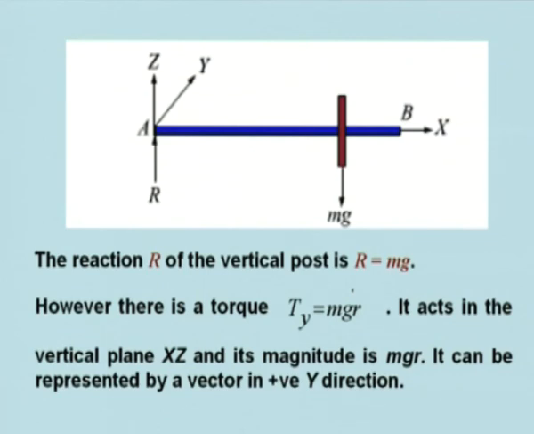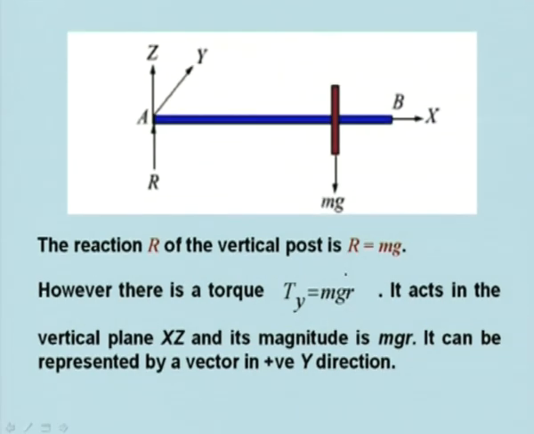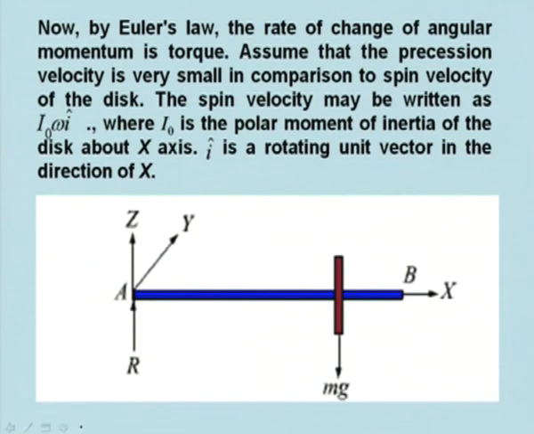It can be represented by a vector in the y direction, because it is a torque acting clockwise, so it is going away from you, which means it is along the plus y direction. Now by Euler's law, the rate of change of angular momentum is torque.